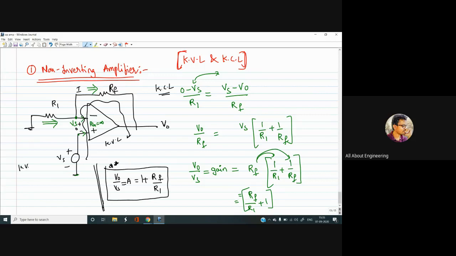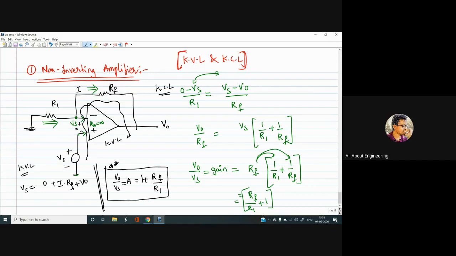Now, if you write the same using KVL, then it would be like this. The source voltage Vs equal to this differential voltage 0 plus I, the current entering into RF, plus V0. So now this is one equation. From this you can write V0 equal to minus Vs plus 0, and the current would be from this side.